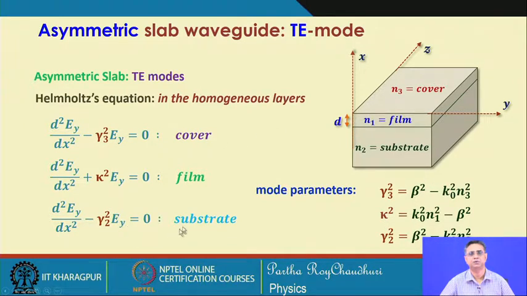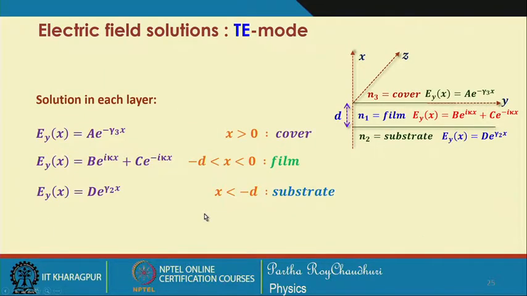So, instead of 2 layers, we now have 3 different layers, all 3 of them different, and we have 3 equations and we have to match the conditions at the interfaces. For the solution in each layer, we know that the middle layer will give you an oscillatory solution, sine and cosine functions, whereas the top and bottom layers will give you exponentially decaying functions, corresponding to gamma 3, the x component of the propagation vector at that layer, because of the minus of this d.